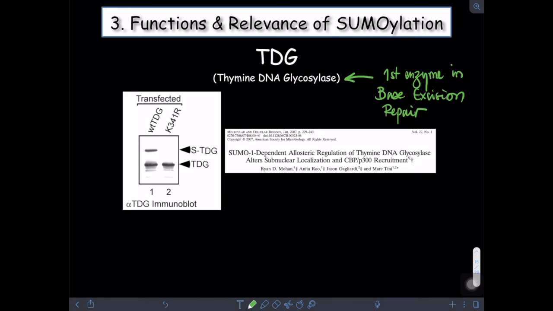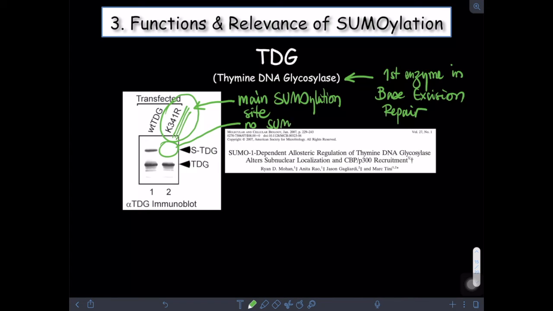The characterization of the effect of SUMOylation on TDG was started by identifying the specific lysine residue in TDG that was the target of SUMOylation. And that specific lysine residue that was identified as the main SUMOylation site in TDG was lysine 341, as substitution of that particular lysine residue for an arginine residue completely eliminated SUMOylation of TDG.